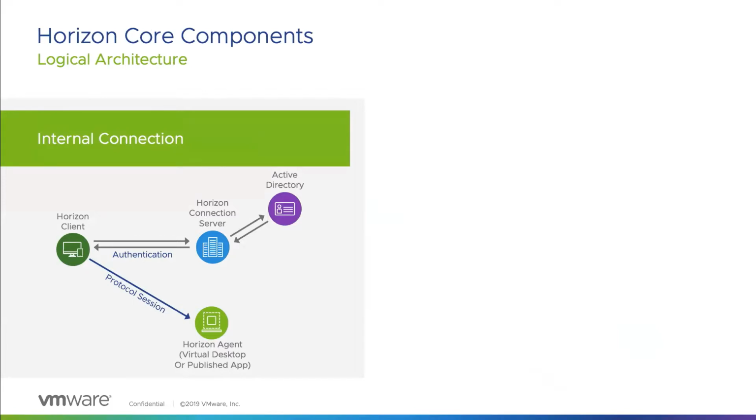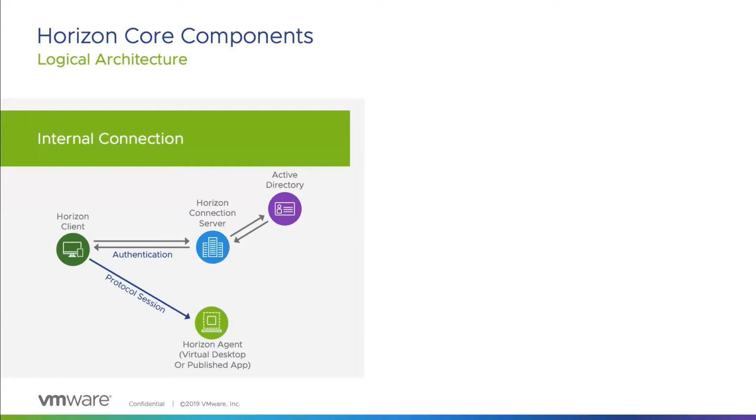Horizon is a very easy design to understand. Basically from a Horizon client, you directly connect to the connection server, which is basically a broker. You log in with your Active Directory credentials, go to the connection server and say, hey, connection server, my name is Ismail Rahman. Can you tell me which desktop I'm eligible for? And the connection server will return you a desktop, and you go directly to the desktop.